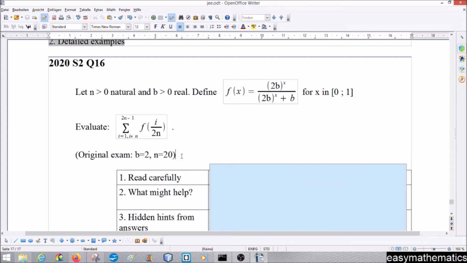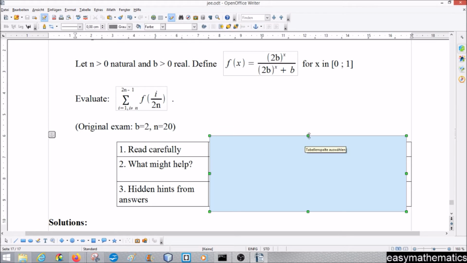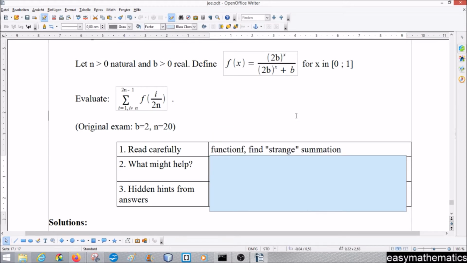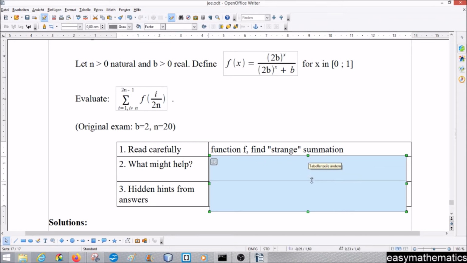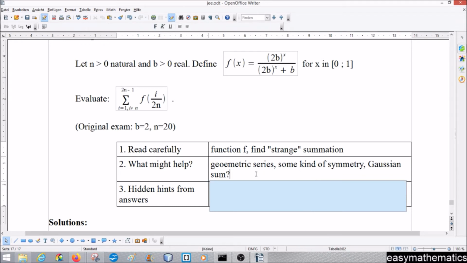We read carefully. It's about a function f, and we want to find a strange summation. Strange in the sense of why i is not n. And what might help us? Maybe we should take into account the geometric series, or maybe some kind of symmetry, or maybe some kind of Gaussian sum.